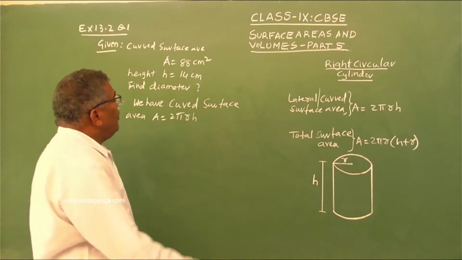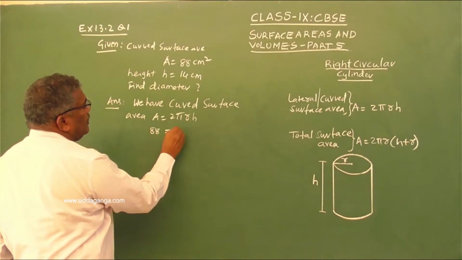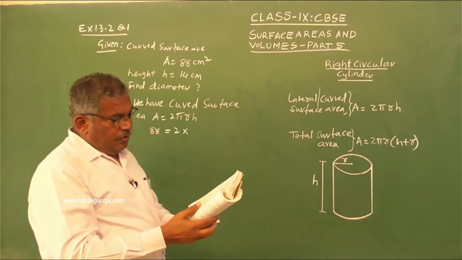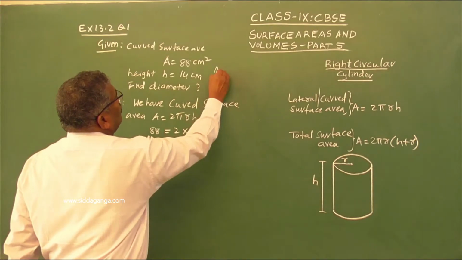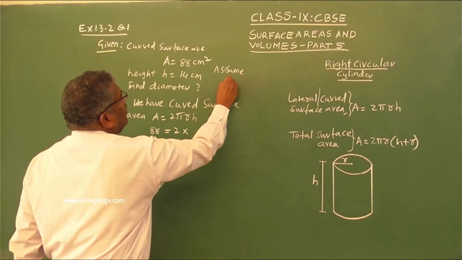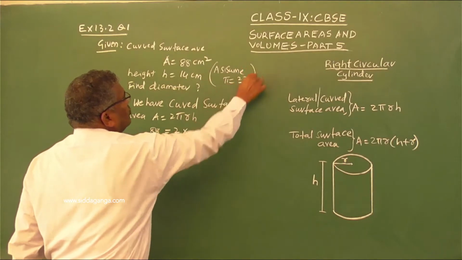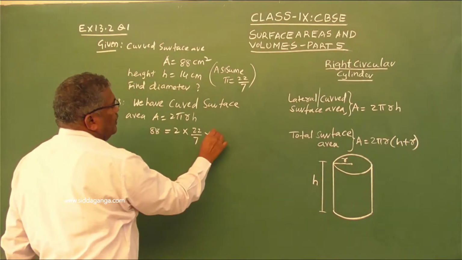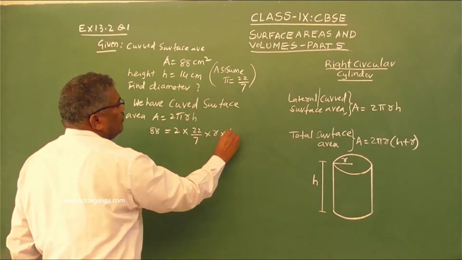Here you can observe A is directly given, it is 88 centimeter square. Assume pi is equal to 22 by 7. So this is the constant. So this is the 22 by 7 pi value, and r we do not know, write it as it is, and h is given as 14 centimeters.